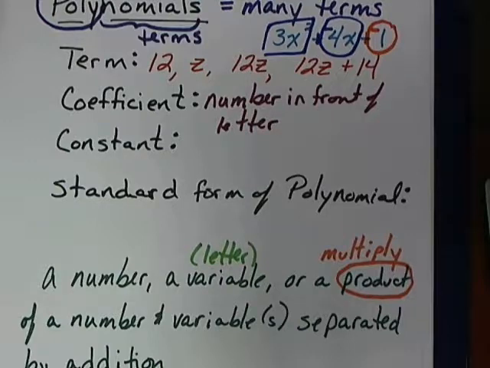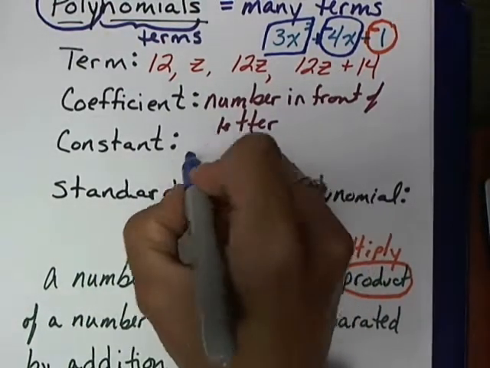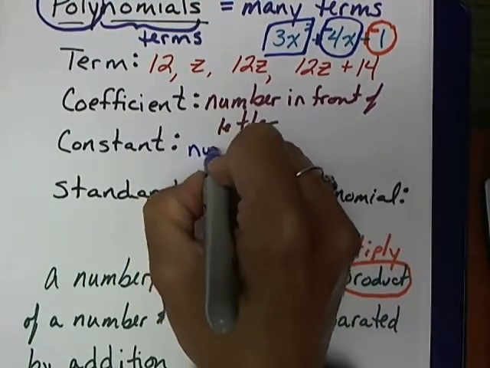The negative 4 is the coefficient on the x. Now, is negative 1 a coefficient? Well, there's no variable there. So they decided to have a new name for it. So instead of calling that a coefficient, we call that the constant. So the constant is the number with no letter.